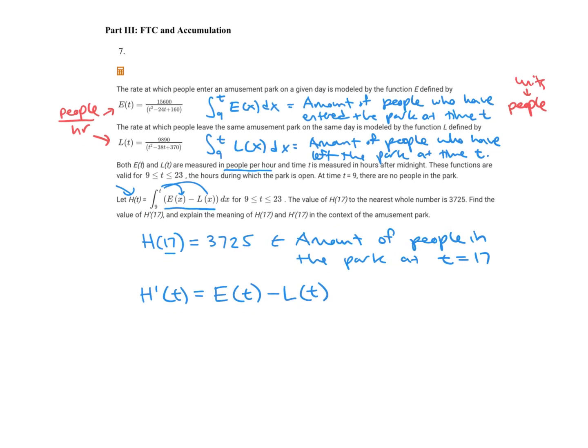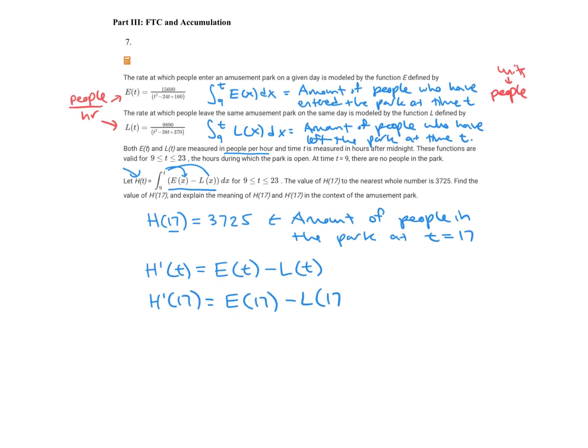And so we get basically the rate of change of the amount of people in the park. And so h prime of 17 is going to be E of 17 minus L of 17.